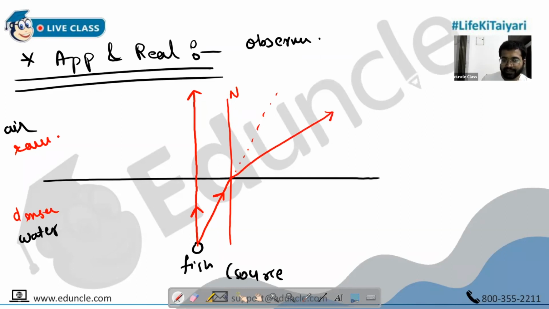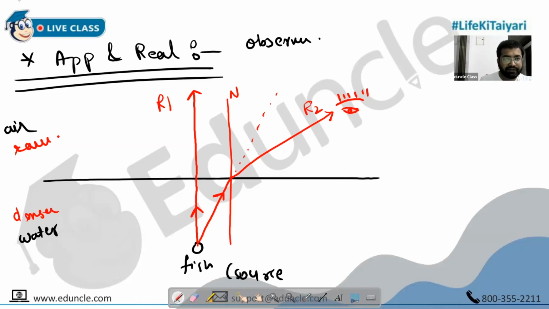Suppose a fisherman is standing here, so the ray is going to come like this for the fisherman. For the fisherman, where is the image? Remember, the image is the intersection of refracted rays. I repeat, the image is the intersection of refracted rays. This is refracted ray R1 and this is refracted ray R2.